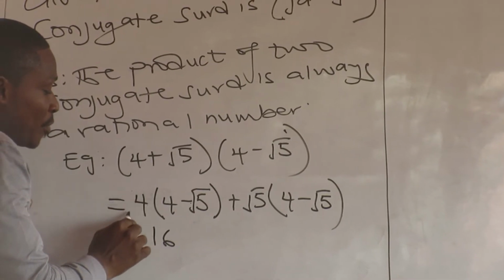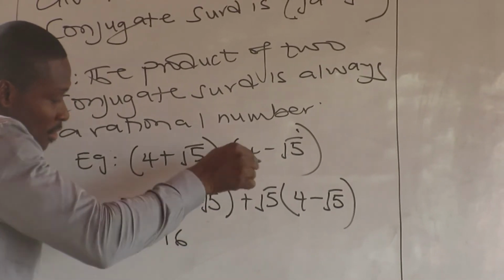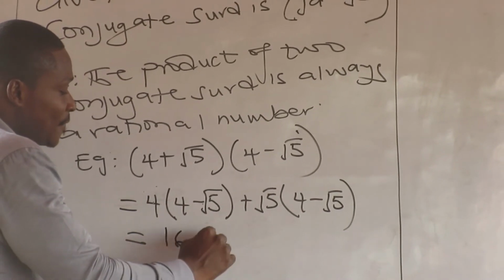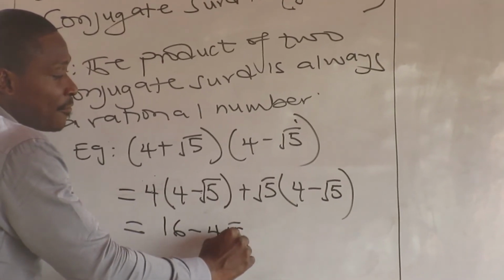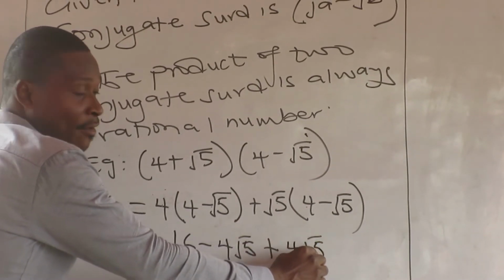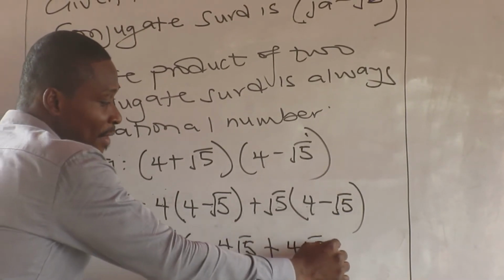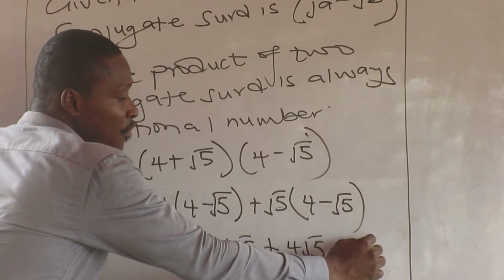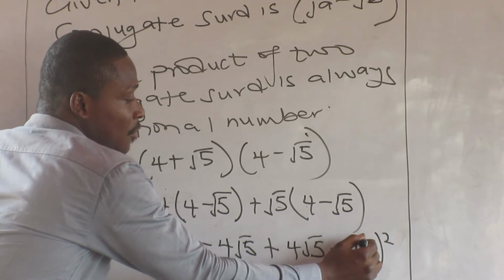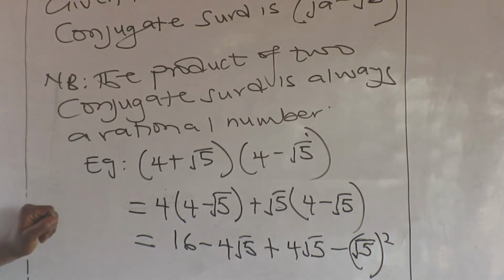But if this one happens to be root 4, then it can be root 4 by 5 inside, right? So 4 by minus root 5 is minus 4 root 5. Now root 5 times 4 is 4 root 5. Root 5 times root 5, minus root 5 all squared.